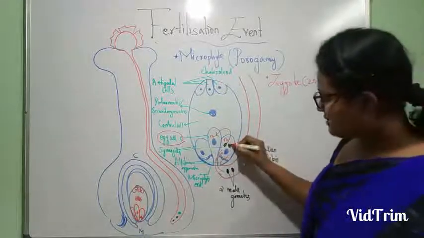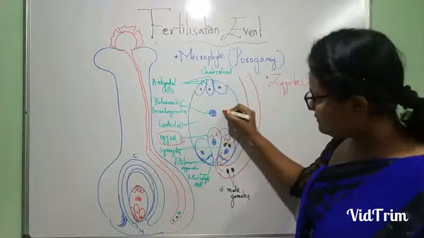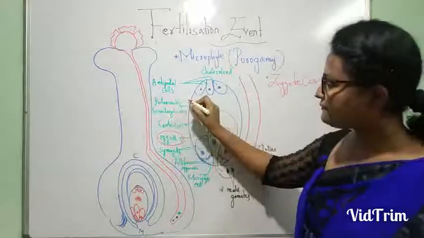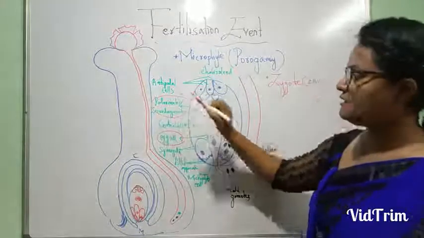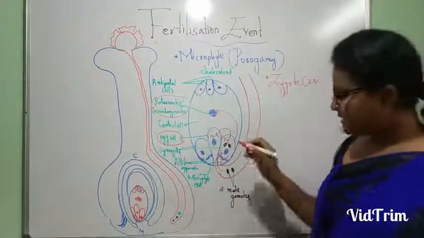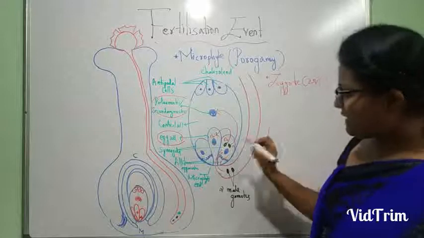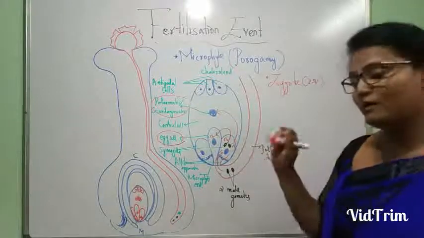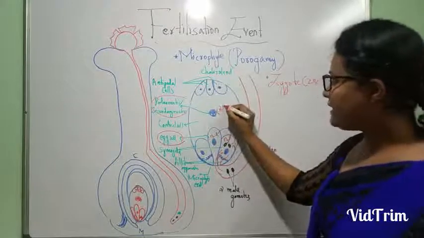Next, another male gamete goes and fuses with the polar nuclei or secondary nucleus. This male gamete is n and our polar nuclei is 2n.